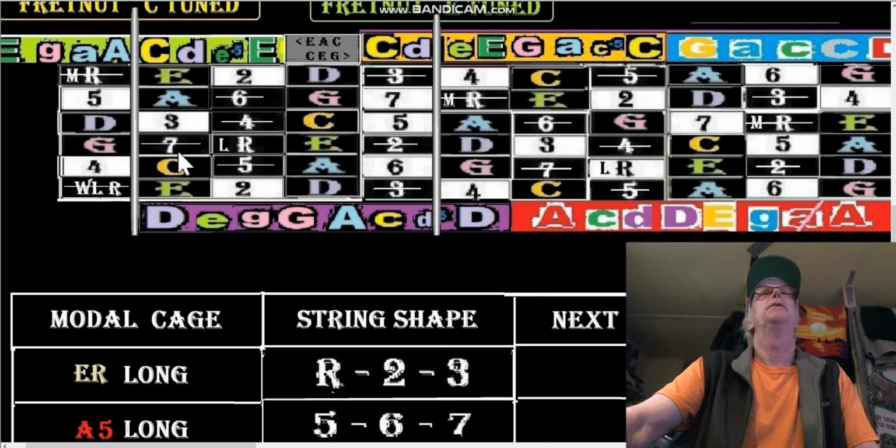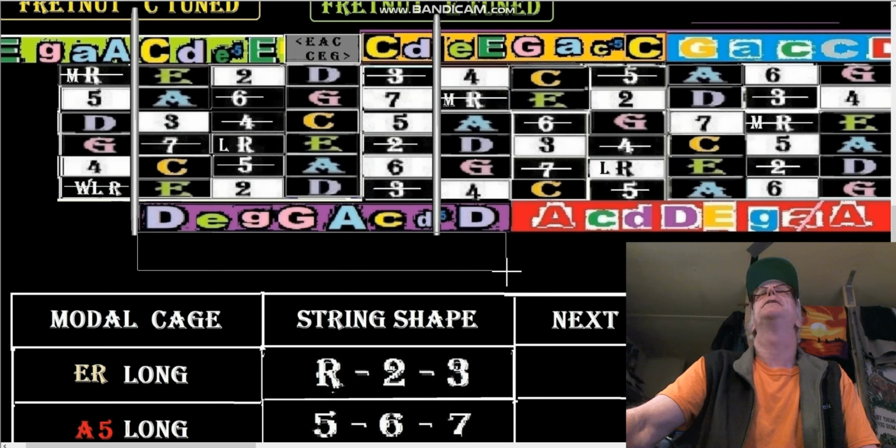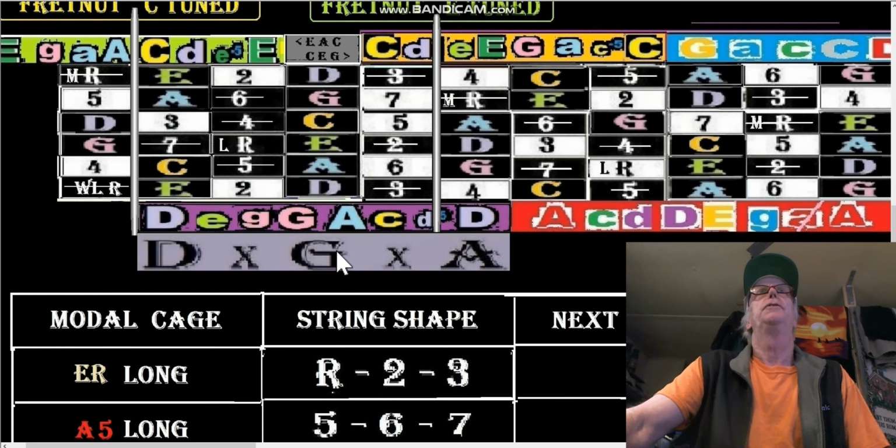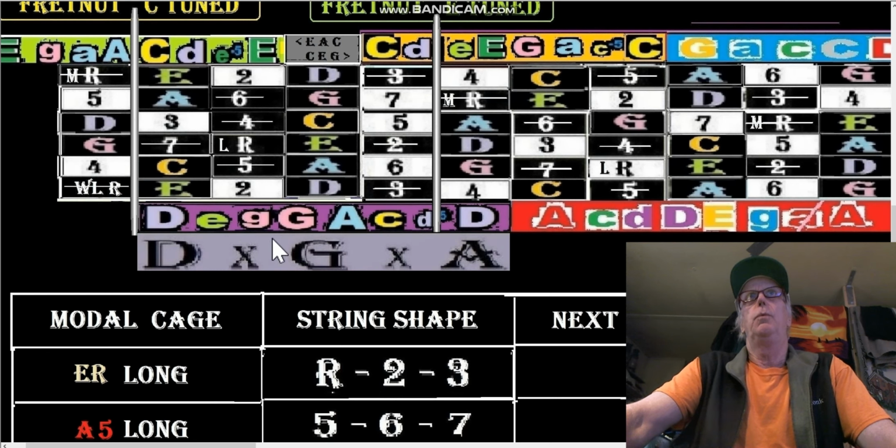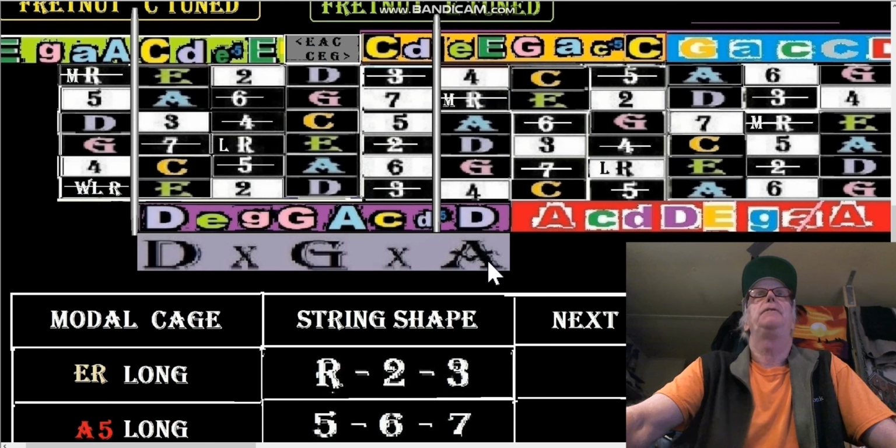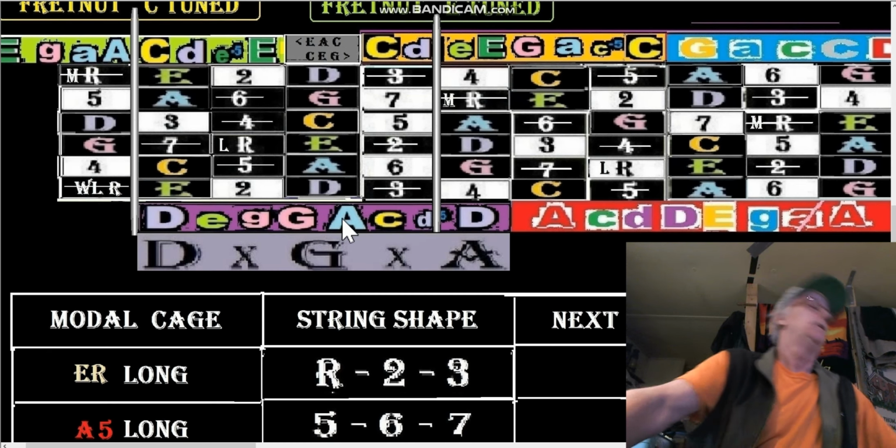Don't worry about this other stuff, because this is just the E box. It's just the way I drew this. This is also true in this D box here. So we've got 1, 4, 5 in the D box. You notice the D here, the G here, and the A is the fifth.